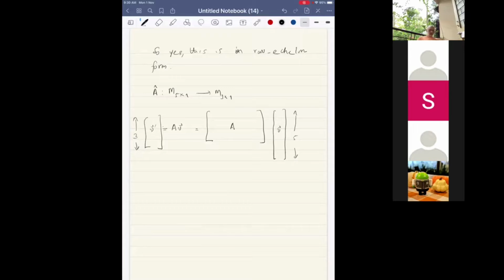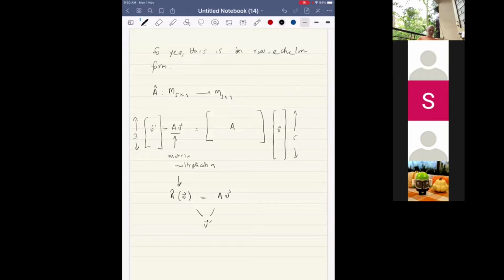Okay, so this is AV. This is matrix multiplication. But this is also, in notation, A hat acting on the vector V. So there are two possible notations, both of these are equal to the vector V prime.